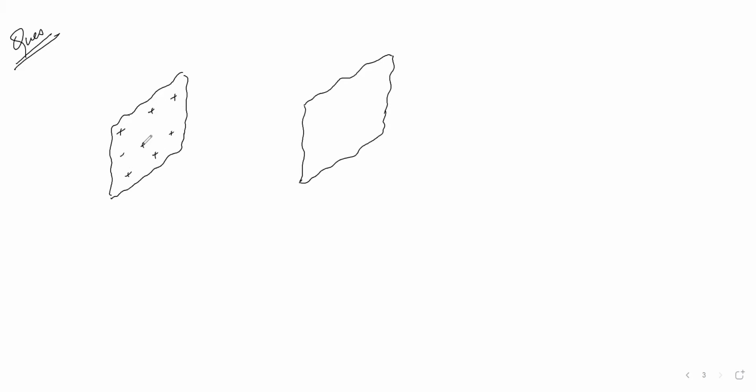This plane sheet of charge having charge density sigma 1, and this is negatively charged, so it is taken as sigma 2. Okay, there are total 3 regions given. This is your region 1, or you can say this is your point 1 here, and this one is your region 2, and this is your region 3.